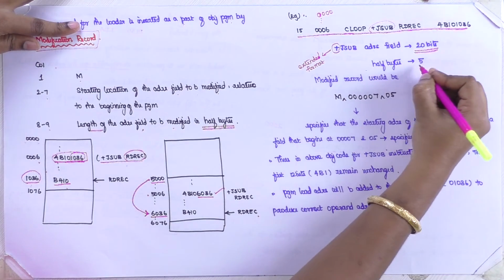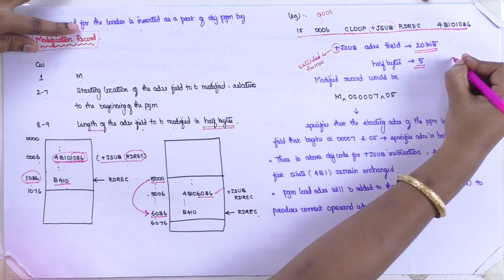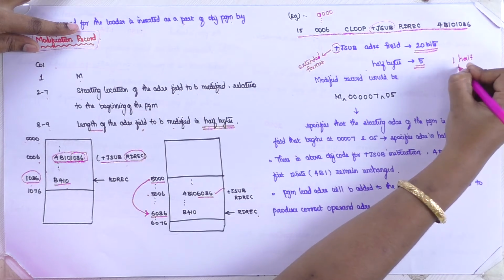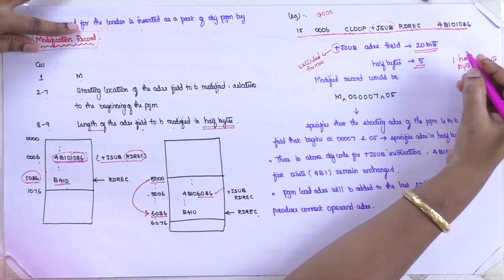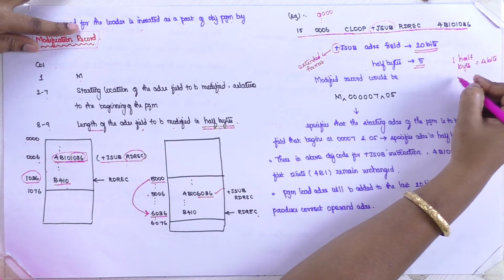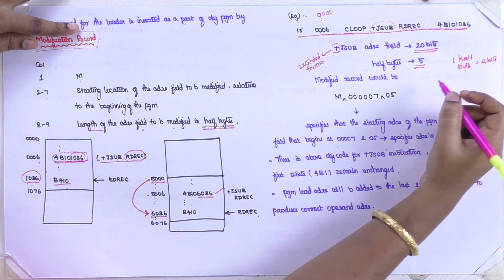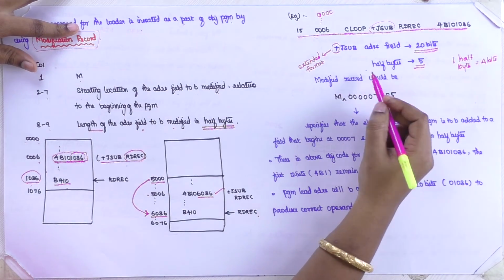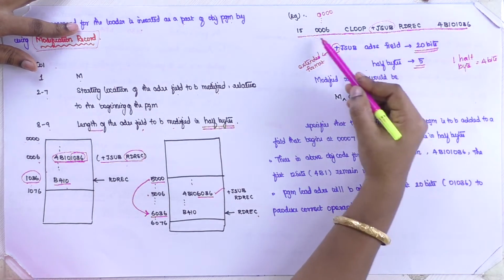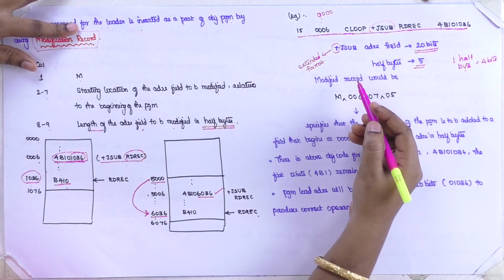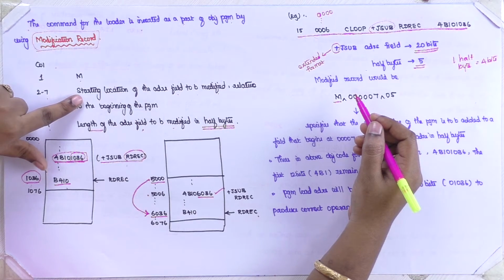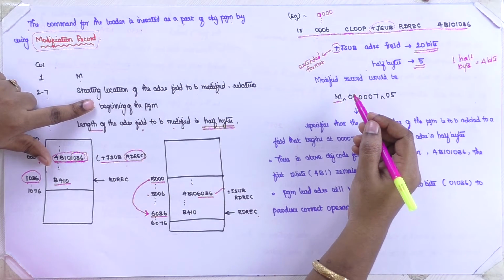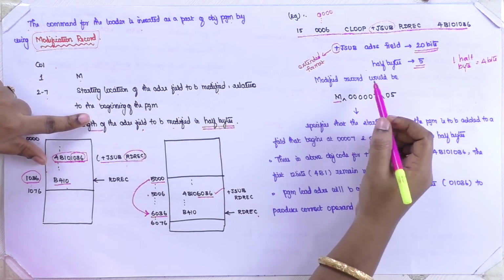One half byte is equal to 4 bits, therefore 20 bits is equal to 5 half bytes. So the modification record for this instruction is M. Column 1 contains M and columns 2 to 7 will contain the starting location of the address field to be modified.